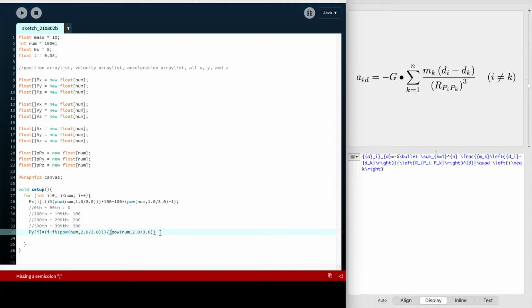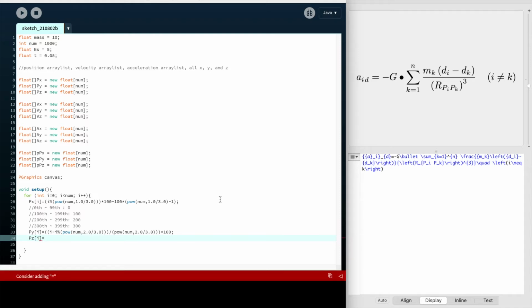And then that will give me either 0, 1, 2, 3. And then I multiply all that by 100, and that's going to give me the universal coordinates that I need. And then I do pz of I.